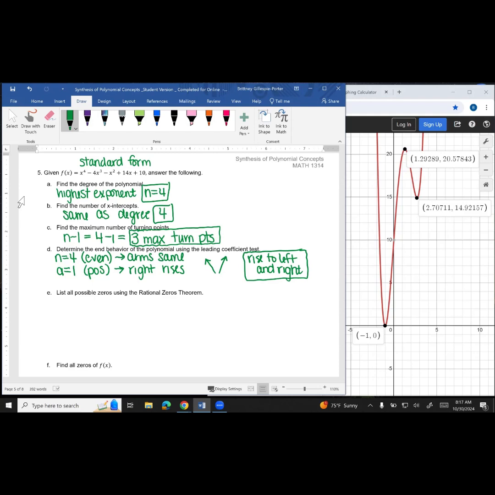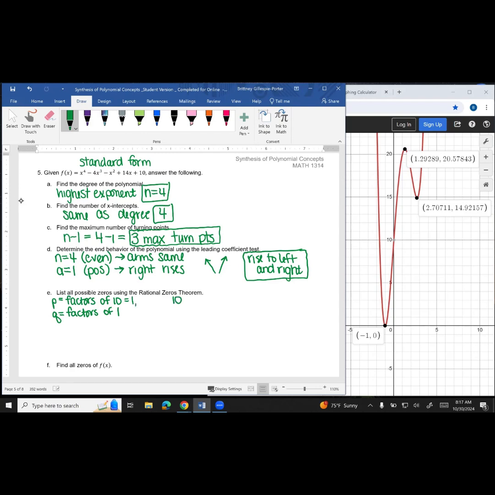When we're looking at the possible zeros for the rational zeros theorem, that's where we want the P over Q, where P is our factors of our constant term, which is 10, and Q is our factors of our leading coefficient, which was 1. Factors of 10, we know 1 and 10 multiply to be 10.